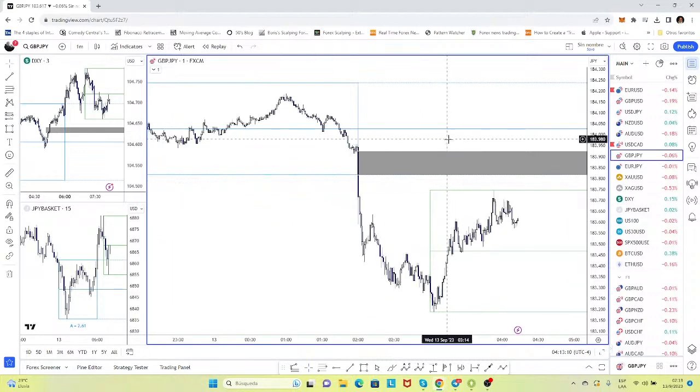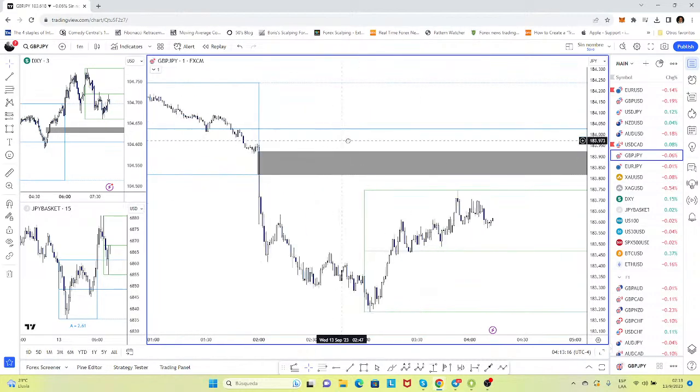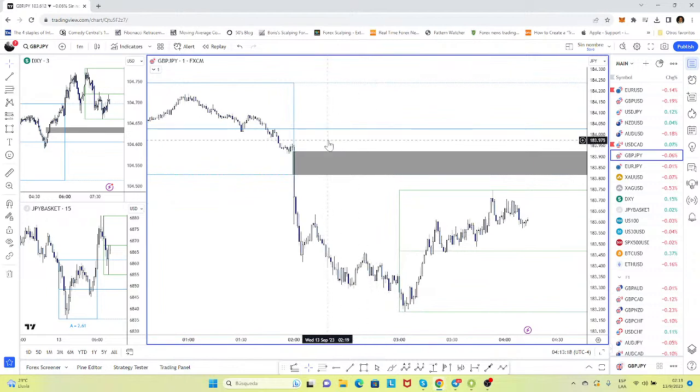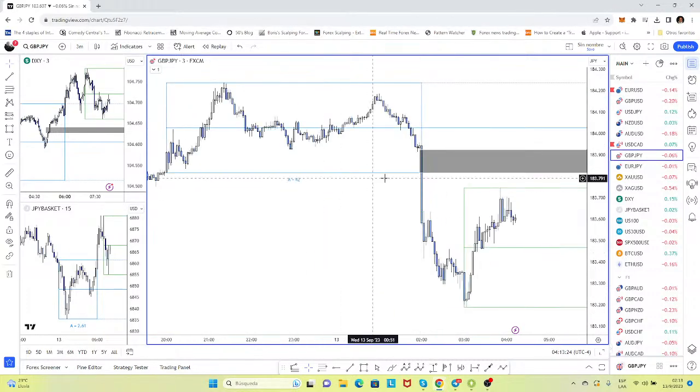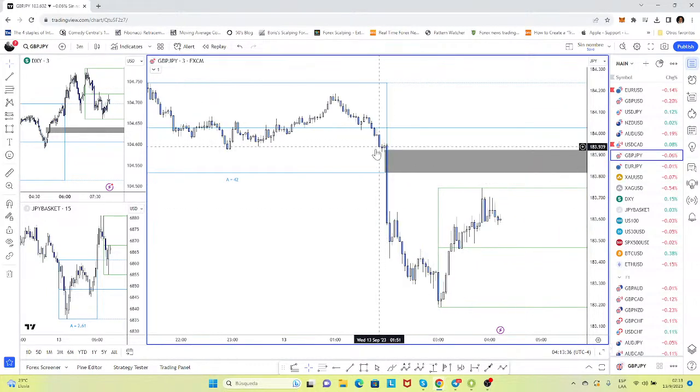But again, stop losses would be above, and this is the reason that I'm not going to take this position, because where am I going to put my stop losses, right? Let's go back to the 3-minute chart. Here's that imbalance. This is the entire 3-minute candle, but we already saw that. The real imbalance is here.